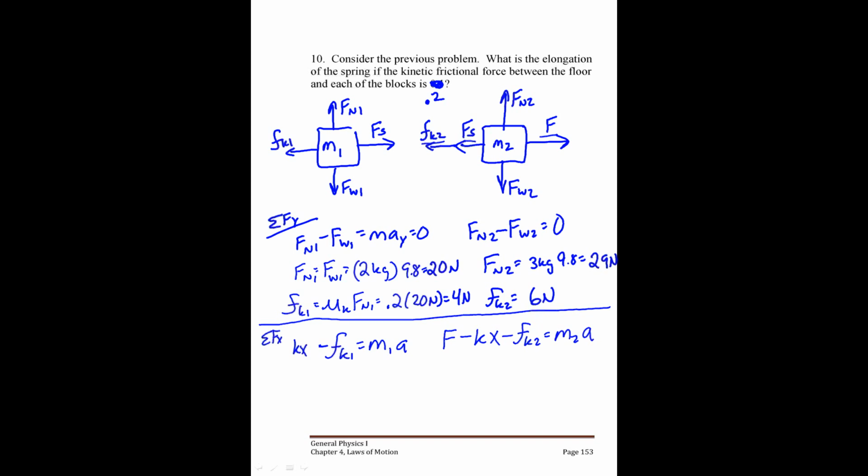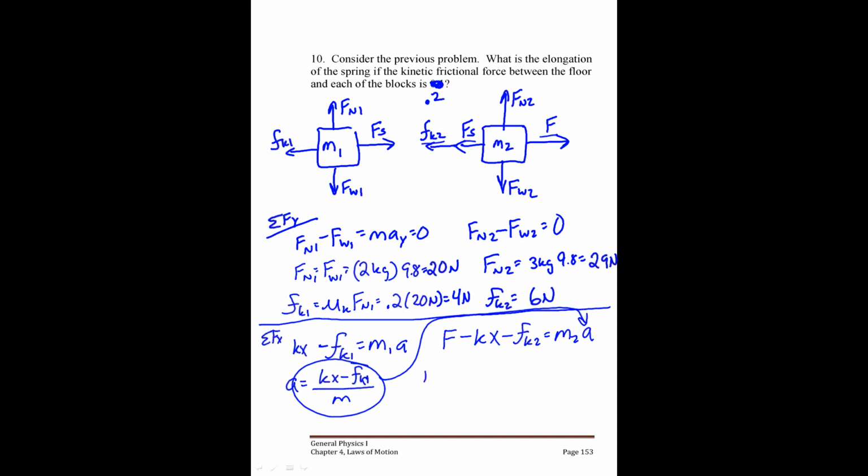So I'm looking for x again. I want to solve the left-hand equation for the acceleration because that's an unknown. So a is equal to kx minus Fk1 divided by m1. I take that and plug it in here, and then I just solve for x.